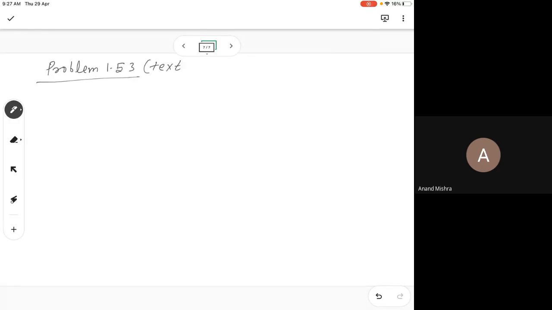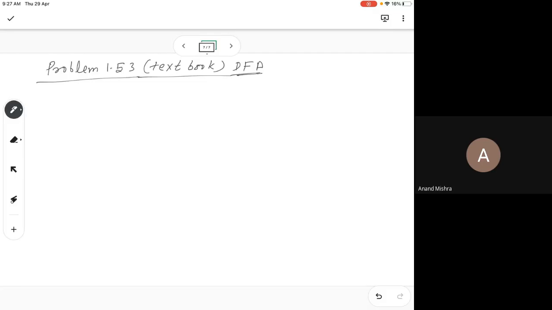Let's do this because I don't want to start the Turing machine today in between, as we have less time. We can start the Turing machine in tomorrow's lecture. But let's do 1.53, which is one interesting question. This is a question on finite automata, not a DFA question.